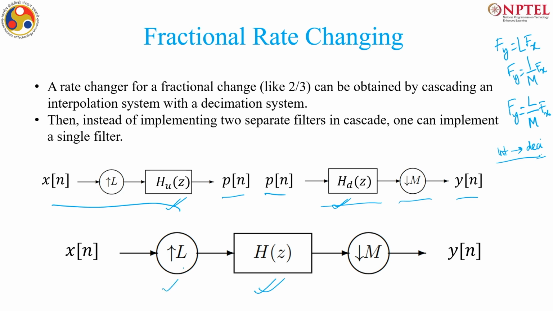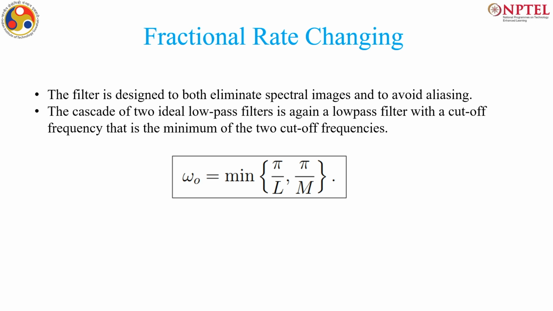I will have an upsampler first, then this filtering will do both things: it will remove the spectral images of the upsampler and also do the anti-aliasing for the downsampler. And how do you design the cutoff frequency? The cutoff is designed to be the minimum of pi by L and pi by M, and this design ensures that you both eliminate the spectral images and also avoid aliasing.